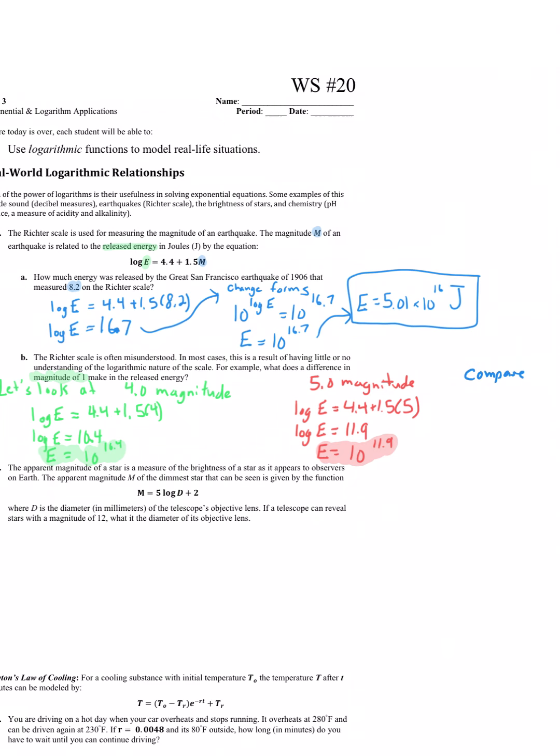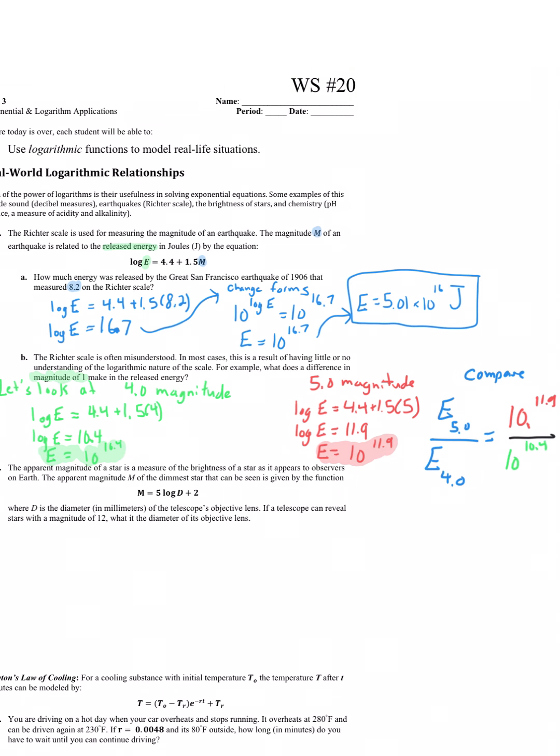And the way we compare is we can say the energy of a 5.0 earthquake divided by the energy of a 4.0 earthquake is going to give us a good comparison. So the 5.0 was 10 to the 11.9 power, and the 4.0 was 10 to the 10.4 power.